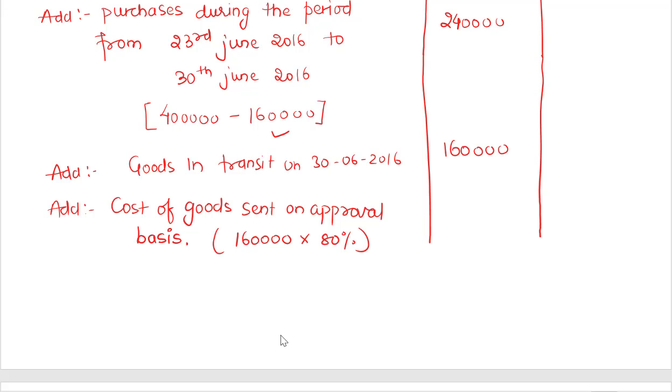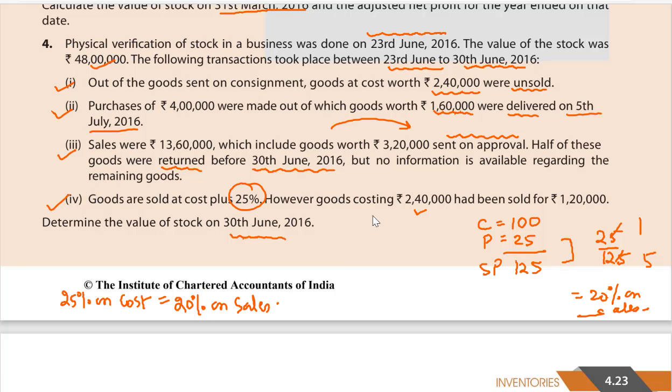So this is on sales, we are calculating on cost. 1,28,000. I believe it is clear till here.